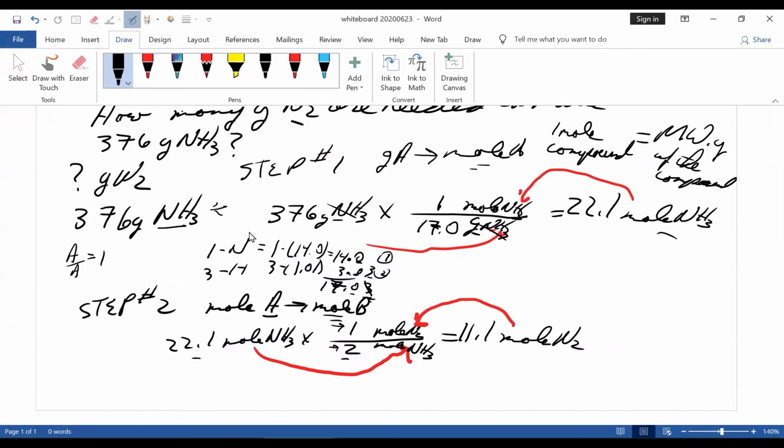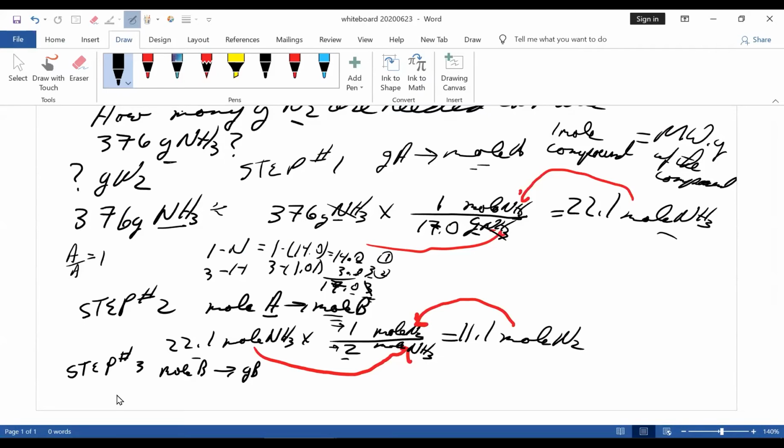No, I want to get to grams and I'm at moles. So now I have to do step 3, that's moles of B to grams of B.